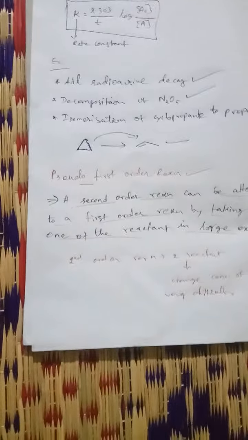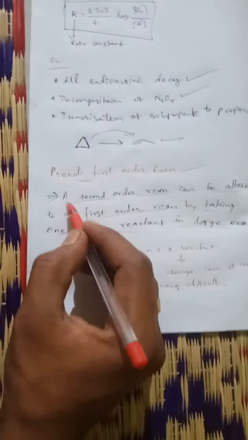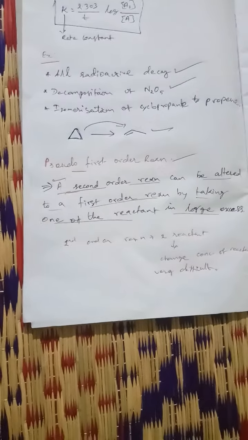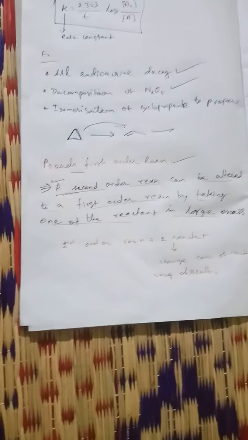So to overcome such difficulties, a second order reaction can be altered to a first order reaction by taking one of the reactants in large excess. Such types of reactions are called pseudo first order reactions.